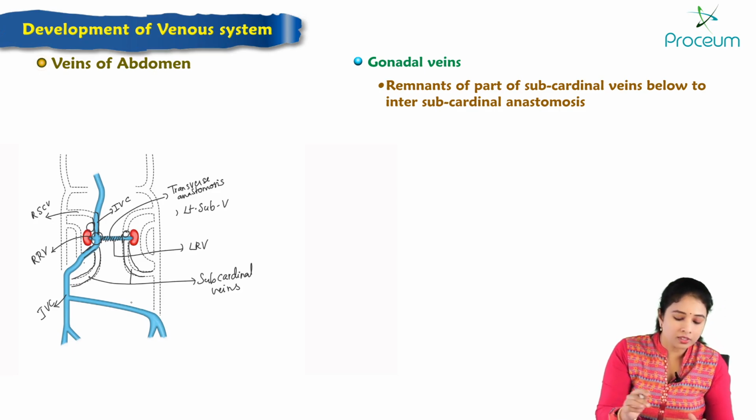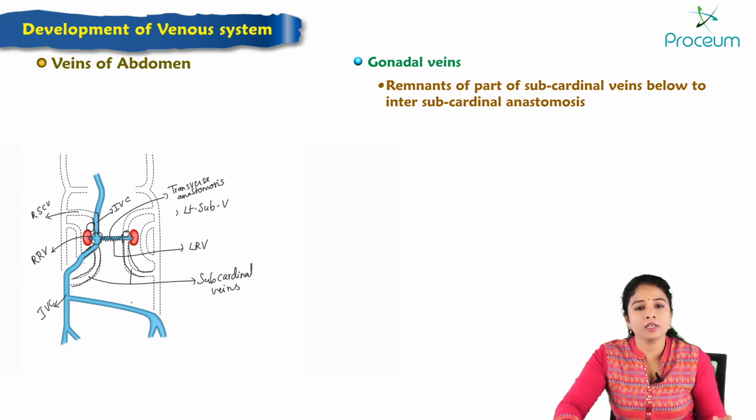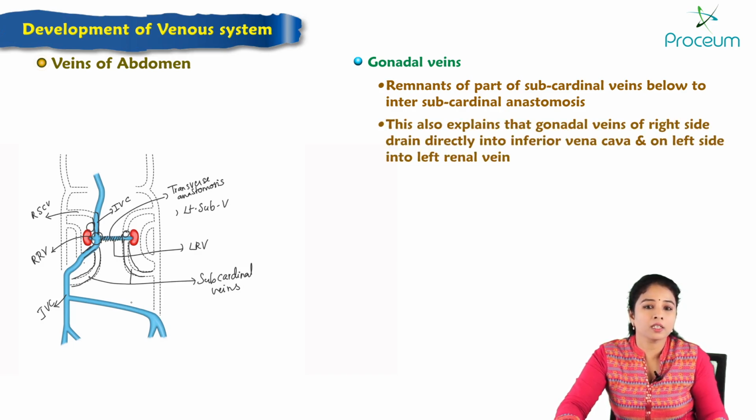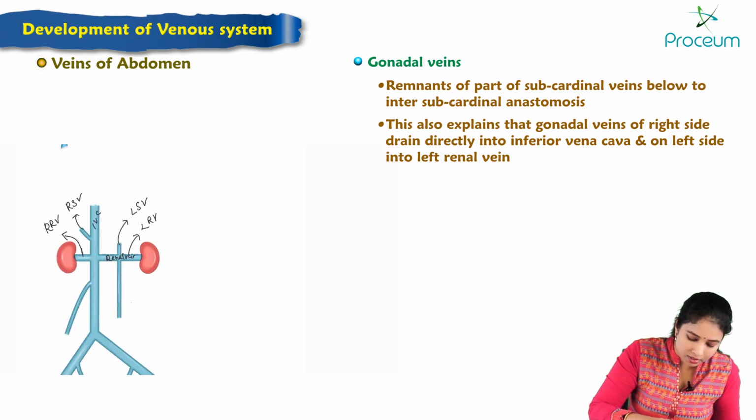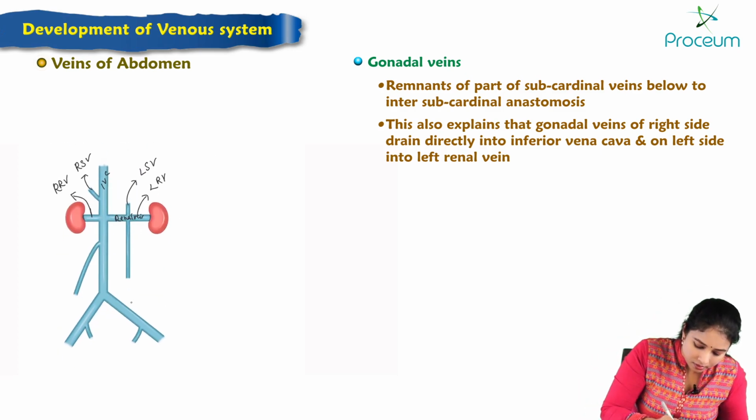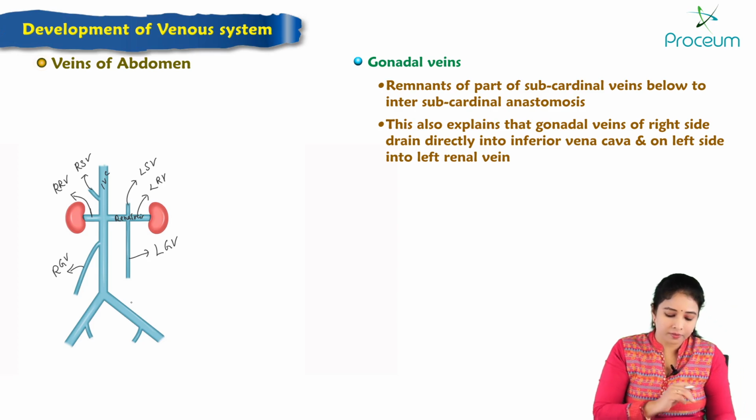So below this anastomosis, the rest of the subcardinal veins gives rise to gonadal veins. This also explains that the gonadal veins on the right side drain directly into the inferior vena cava, whereas on the left side they drain into the left renal vein. So you can see here, this is the right gonadal vein and this is the left gonadal vein.